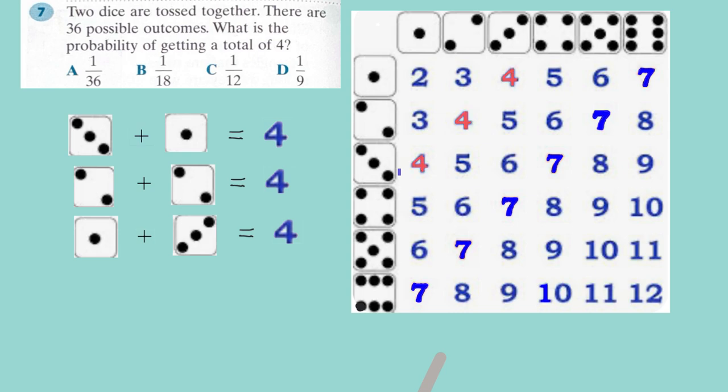And so out of all of the 36 possible outcomes, there's only 3 possible ways of getting a total of 4 from rolling 2 dice. And so our probability is 3 out of the 36 outcomes. And that ends up being 1 on 12. So we may highlight C, 1 on 12.